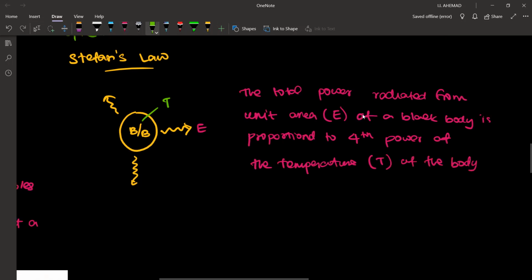So according to him, E is proportional to T to the power 4, and this should be absolute temperature.